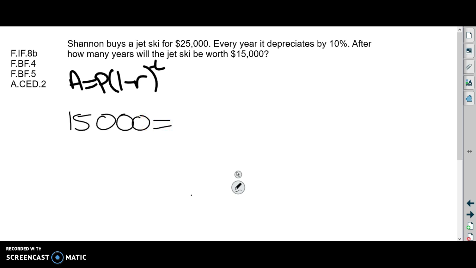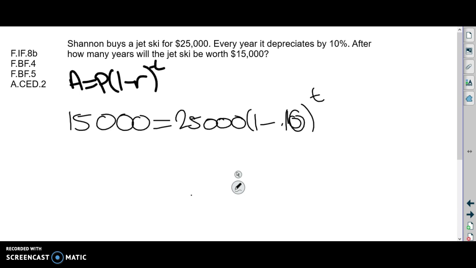The original price was 25,000. 1 minus the depreciation rate, which is 10%, and we can turn it into a decimal, so it will be 0.10. 1. So we are trying to find t, so that is our variable.